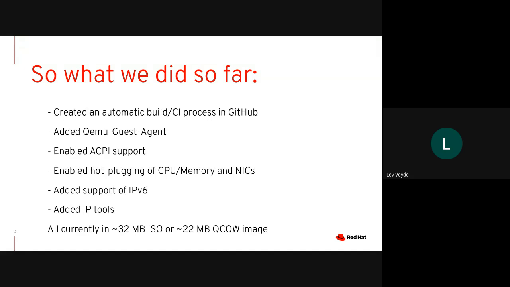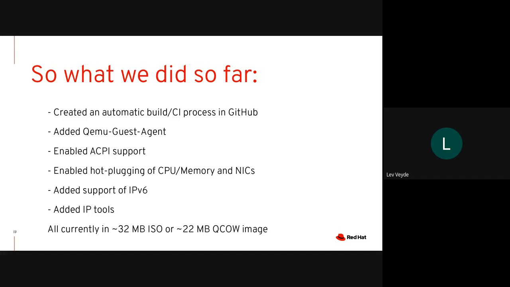In our case, we have an environment where, unlike Tiny Core Linux, which is all manual, we can make modifications, push them to GitHub and work in the way that most people expect. You push your modification, and if you merge it, you basically get a rebuild automatically. So you have a full CI there.